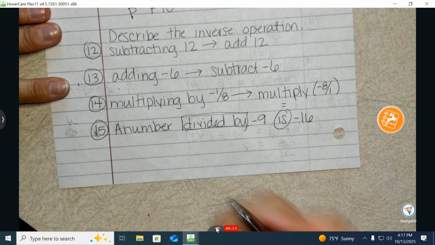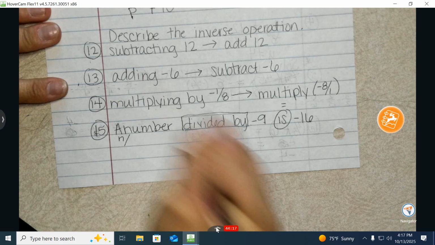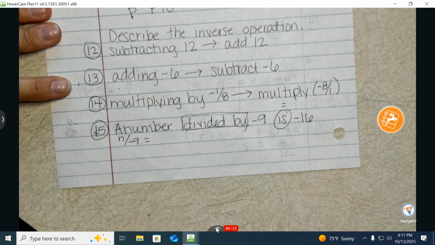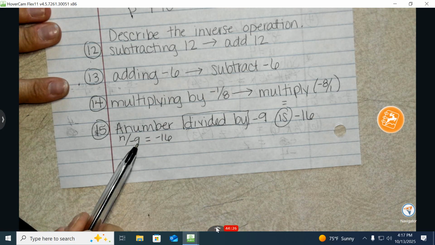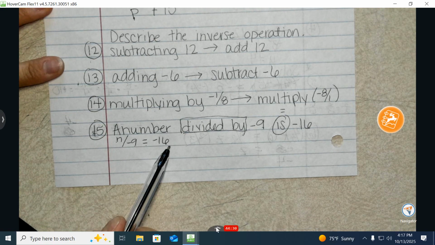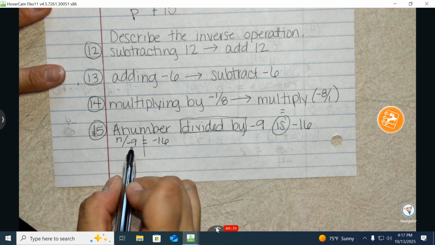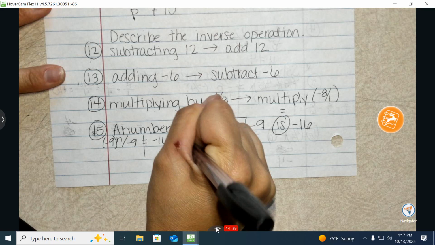So we'll just use n. A number divided by negative 9 is negative 16. Remember, a fraction is division, so n over negative 9 equals negative 16. To solve this, you're going to do the inverse of dividing by negative 9, which is to multiply by negative 9.